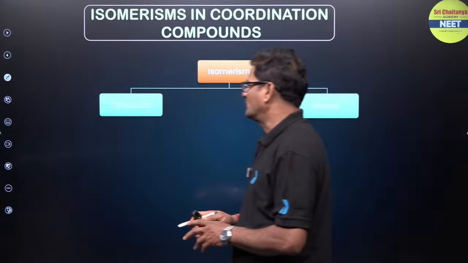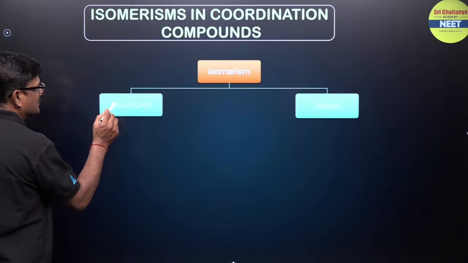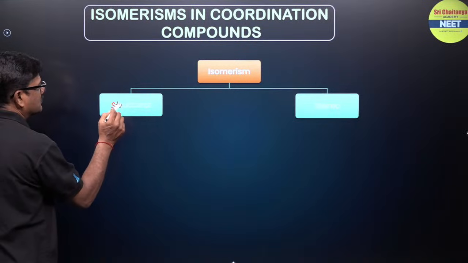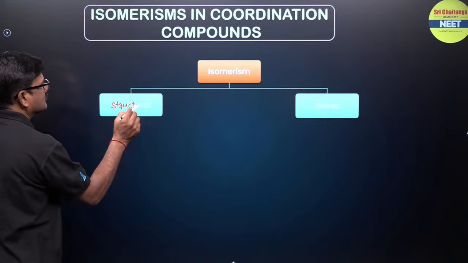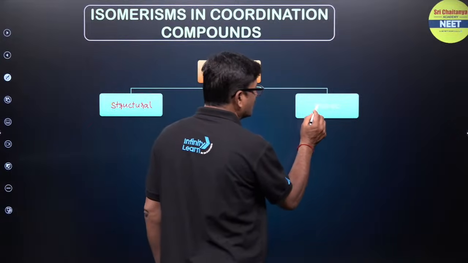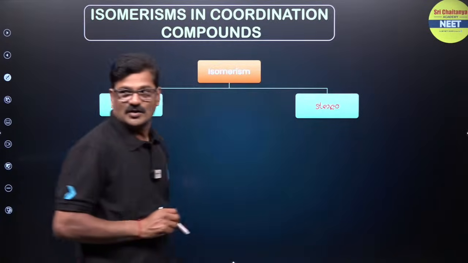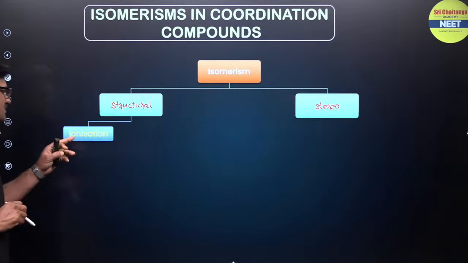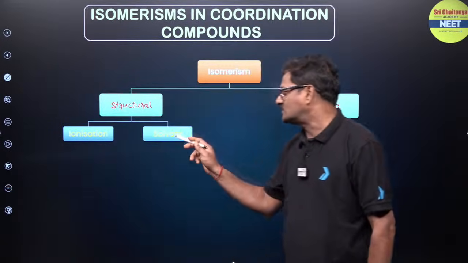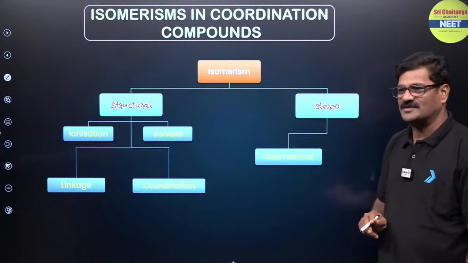So I think it is visible, right? Structural isomerism. It has to be written this way. Structural isomerism. And it is going to be stereoisomerism. In structural isomerism, you have ionization isomerism, solvate isomerism, linkage isomerism, coordination isomerism.